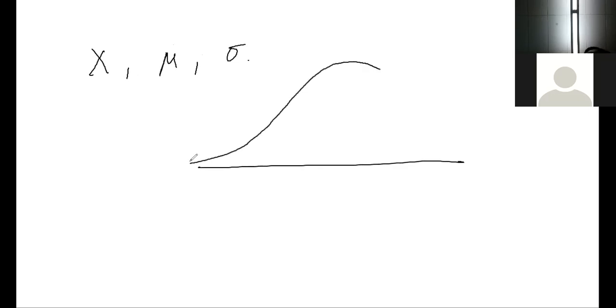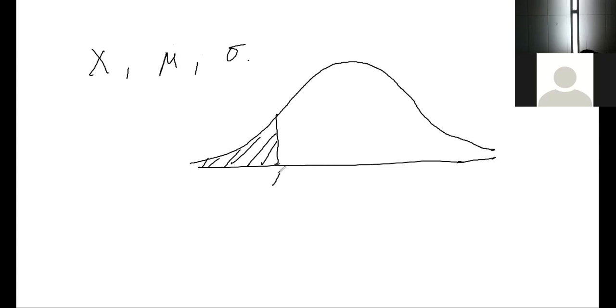So a normal distribution x with mean mu and a standard deviation, sorry, sigma, is a general standard deviation. And this is how it is. We generally focus on a tail of that distribution.